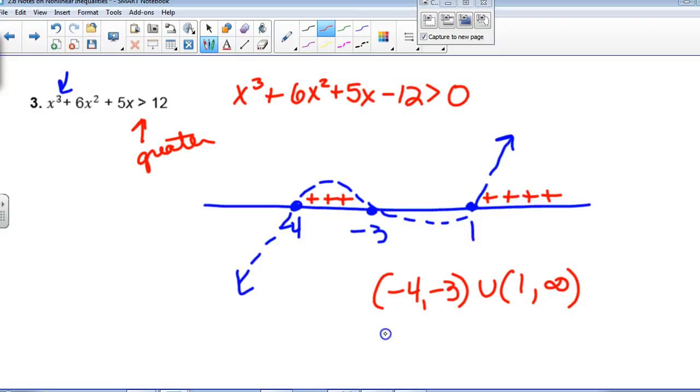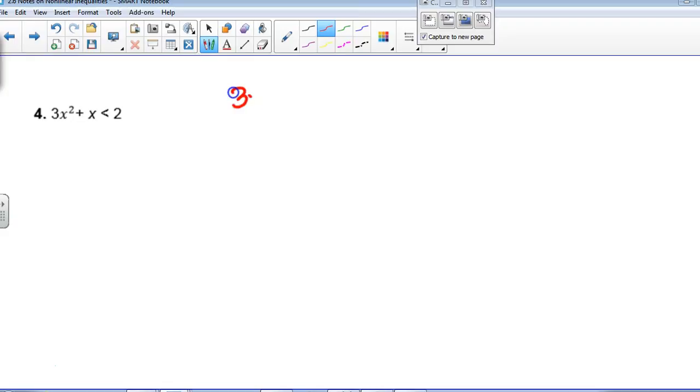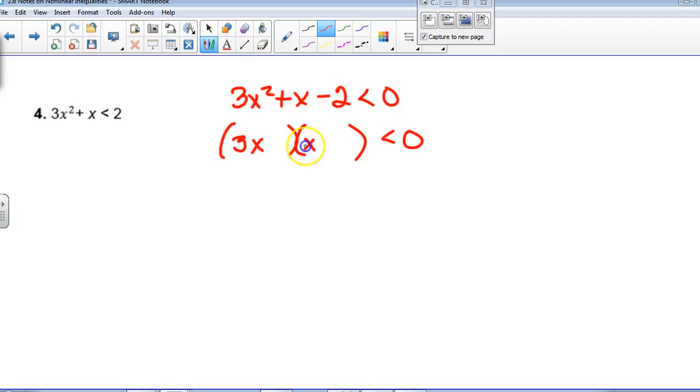All right, last one. You try the last one on your own? Yeah, factors, it's not anything tricky, I don't think. This one's better if you do it by factoring.